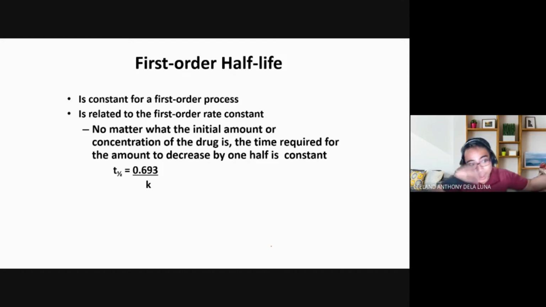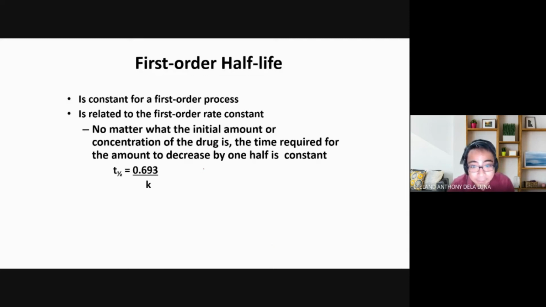But it always starts as a first order process. So the half-life is constant for a first order process. It's related to the first order rate reaction. No matter what the initial amount or concentration of the drug is, the time required for the amount to decrease by 1/2 is constant.